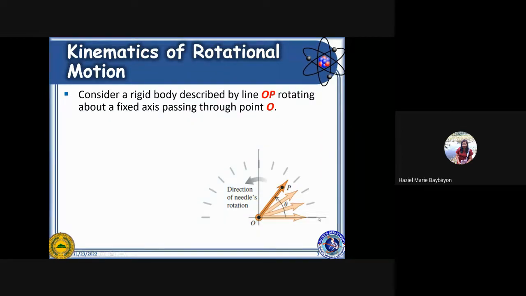Now, haman ani iyang axis of rotation. So mura siyang clock that is rotating about this axis, the z-axis. So if this is the x-axis, this is the y-axis. Nag-rotate ni siya about the z-axis.